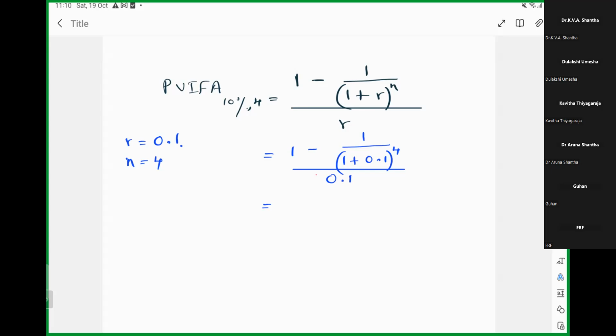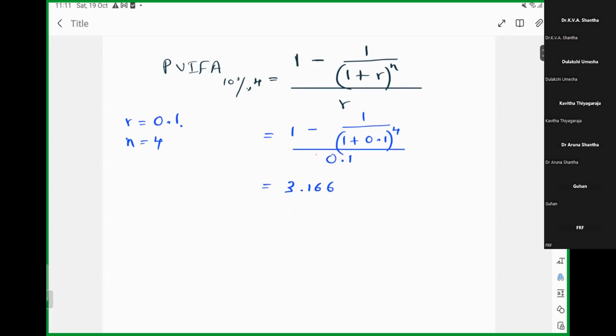Is it 3.166? 3.17 or 3.16? Now you can calculate the installment value.